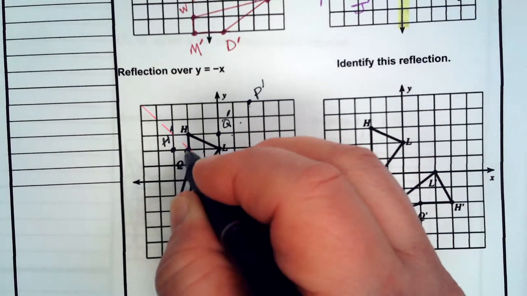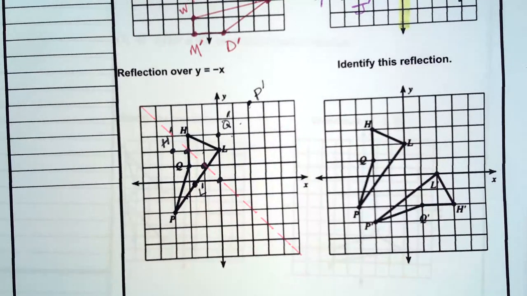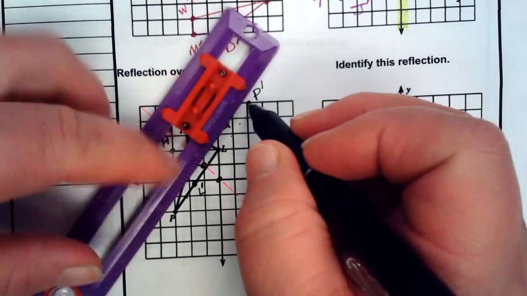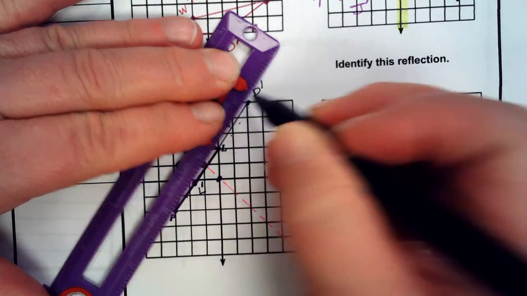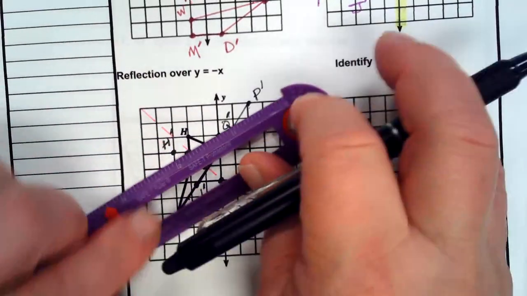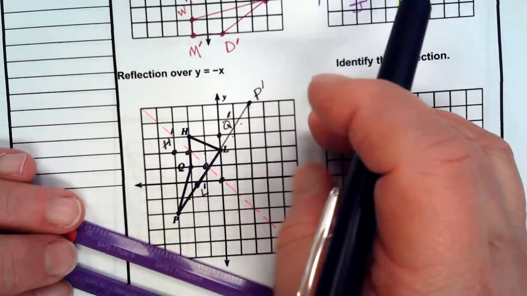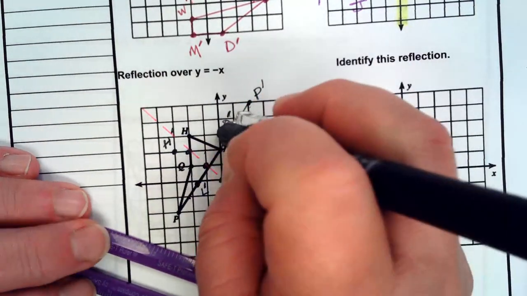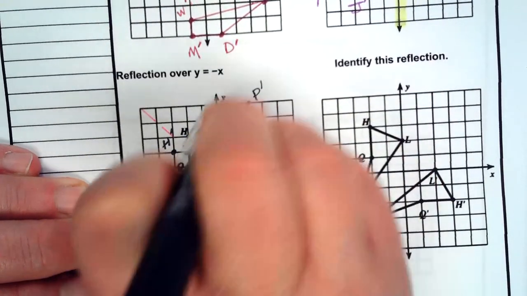Okay, so have I got them all marked? I think I should have used a different color than black because it's awfully hard to see. I didn't do Q prime right because it's not going to give me that.